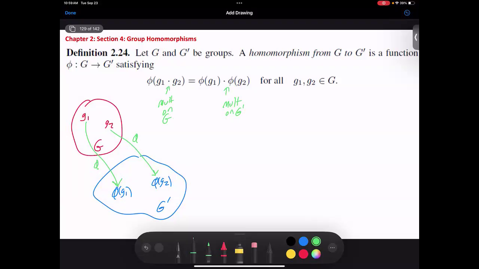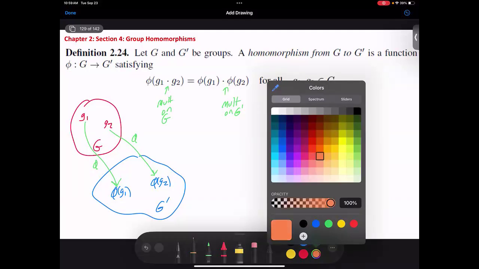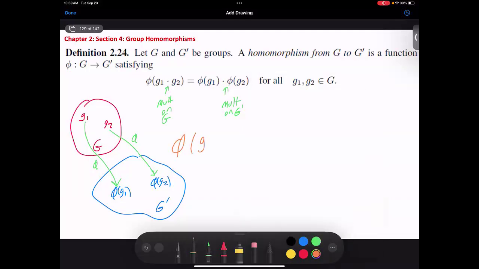I could be really pedantic and say phi of g1 dot with a subscript G, g2, equals phi of g1 dot with a subscript G prime, phi of g2. Nobody wants to read that. So we're just going to assume that you understand what's going on. We're not going to put all the subscripts. We're just going to use the dot for the multiplication on the group. Just know where things live.